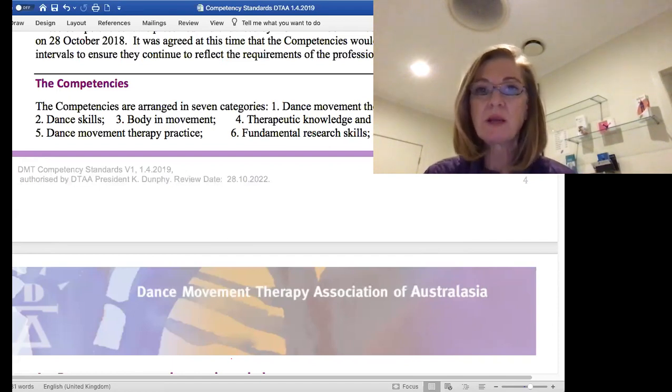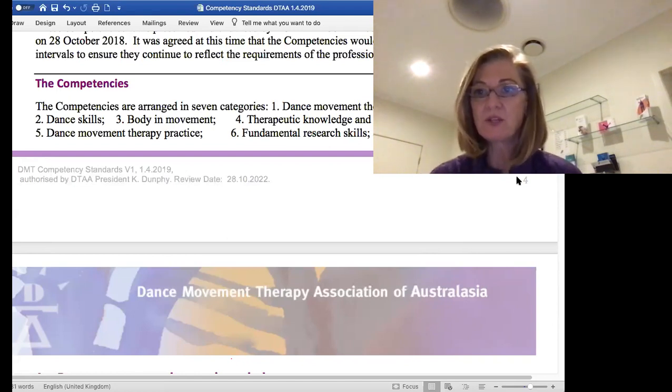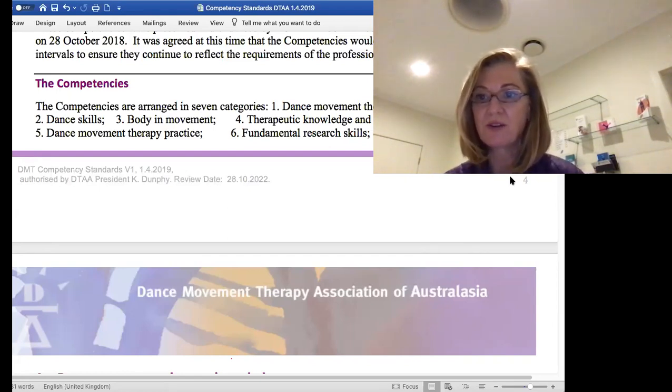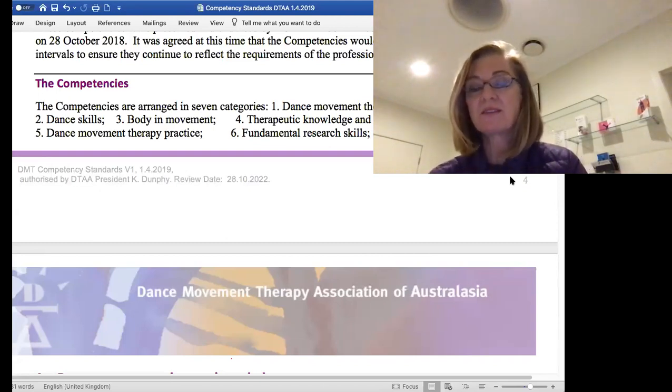So I think it's really important that you add that language in there that says not limited to but inclusive of, because I think any dance movement therapist needs to have these skills, but it doesn't matter what their language is per se, so long as it is able to do what the competencies express.